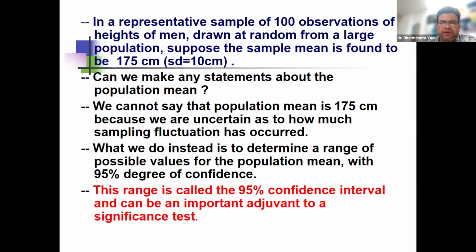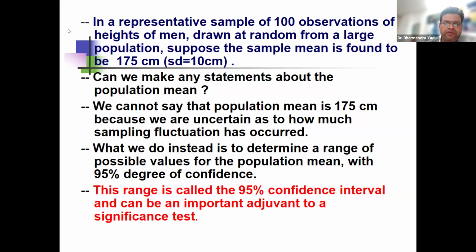So either we can go for a point estimate, or we go for an interval estimate. In an interval estimate, we will provide the range in which the average height of the population will lie.